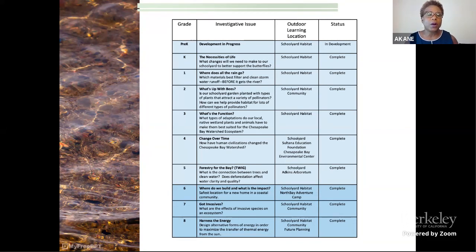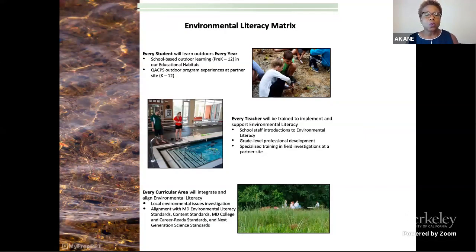We have several partners, and I'm going to mention some of them on slides that come next. If you go to the next slide, what you'll see are some expectations that we have. So goals for ourselves. Every student will have an outdoor learning experience every year. We have created outdoor experiences in collaboration with our environmental ed partners across all of the grade levels.